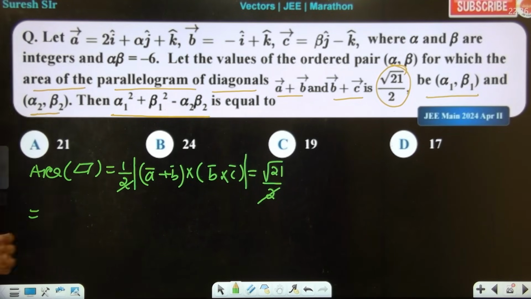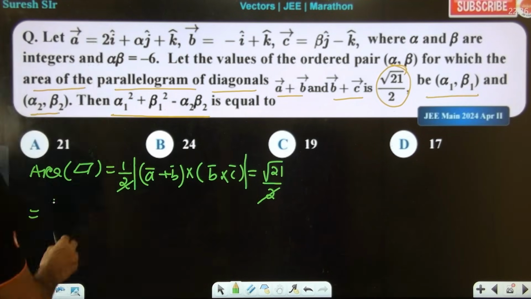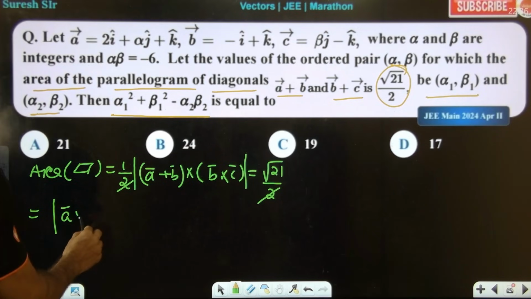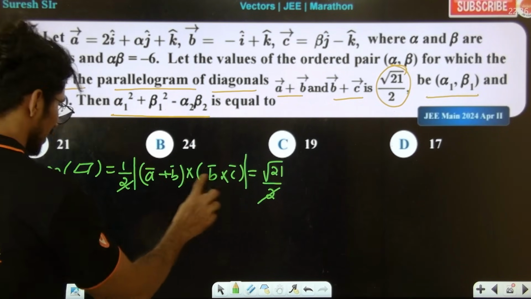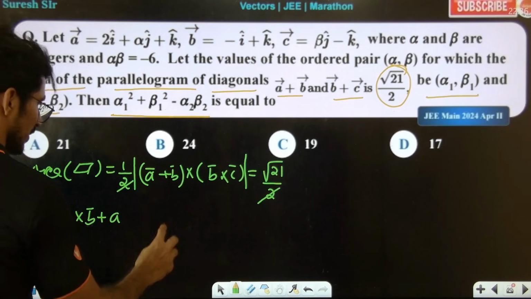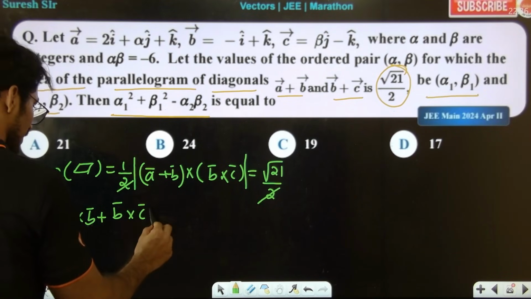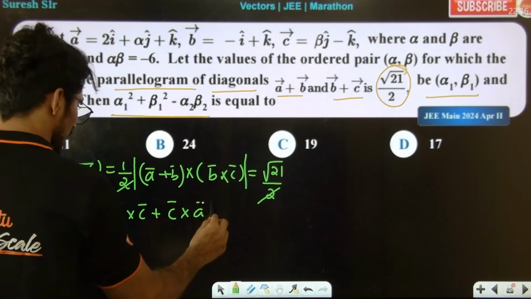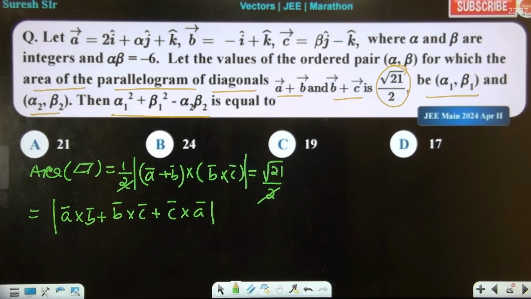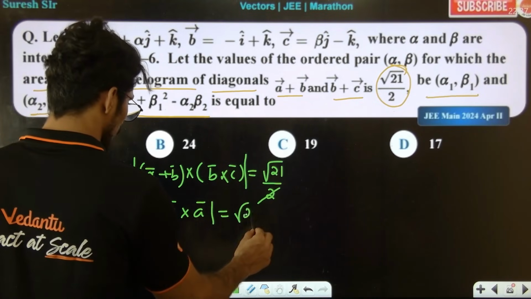Tell me, guys. See what I am going to write here: A cross B plus A cross C plus B cross C plus C cross A. Check. Yes or no, guys? AB, BC, CA, so is equal to root 21.